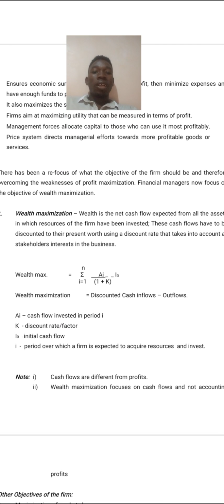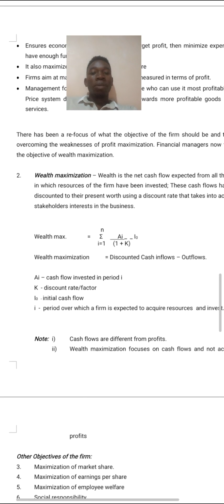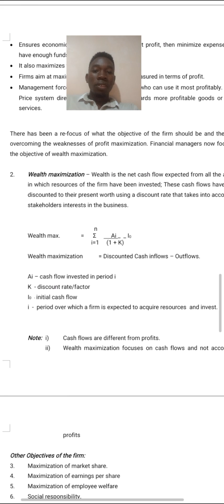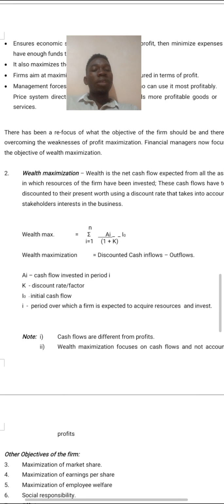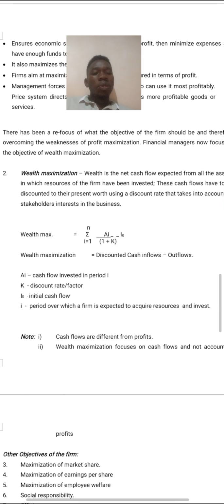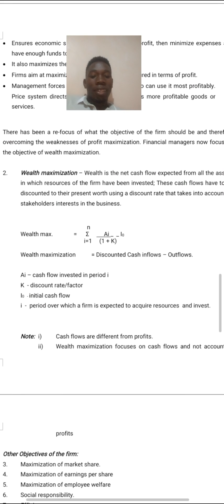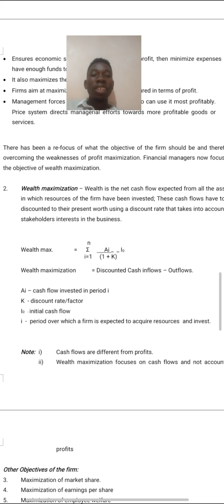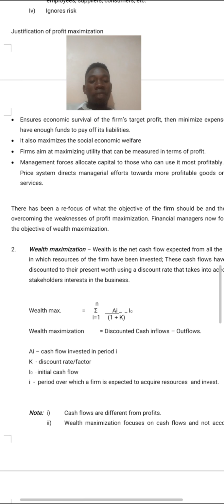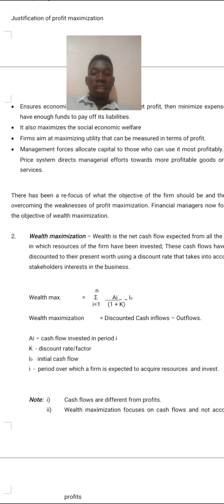Now let us look at another objective of a firm or a business, which is wealth maximization. Wealth simply refers to the present value of all future net cash flows expected from all assets in which financial resources of a firm have been committed.